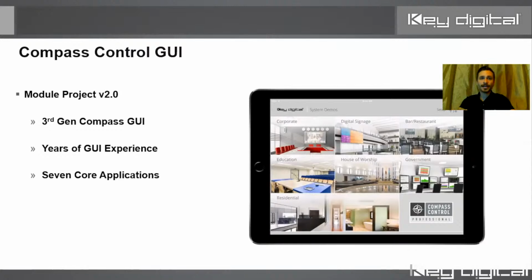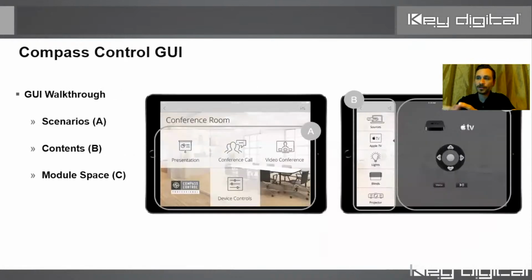And this time, as I alluded to previously, we made sure that our GUI with the modular 2.0 fits these 7 core applications that you see here. There's no square peg in a round hole here for all 7 applications. We went through that process with our beta testers ahead of time, and we're very, very pleased with this GUI. And now it's been out for a few years, in fact.